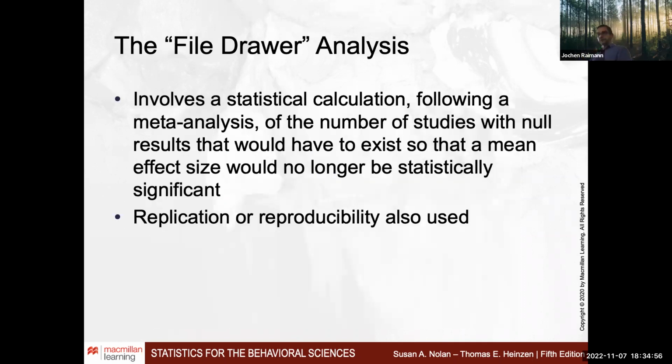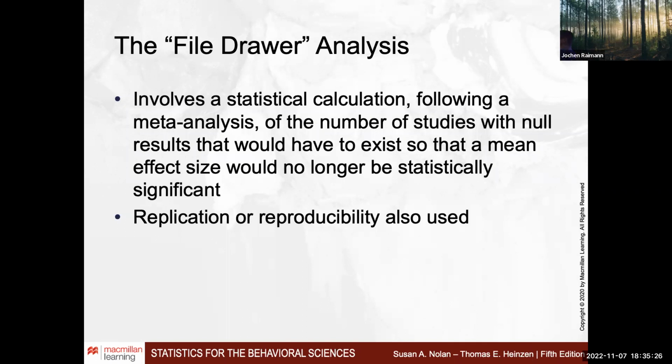And therefore, we have the so-called file drawer analysis. That's basically a statistical simulation or calculation of how many studies you would have needed to include that had a negative result, a null estimate, a null effect on the population, to essentially take the significance out of your statistical overall effect size.